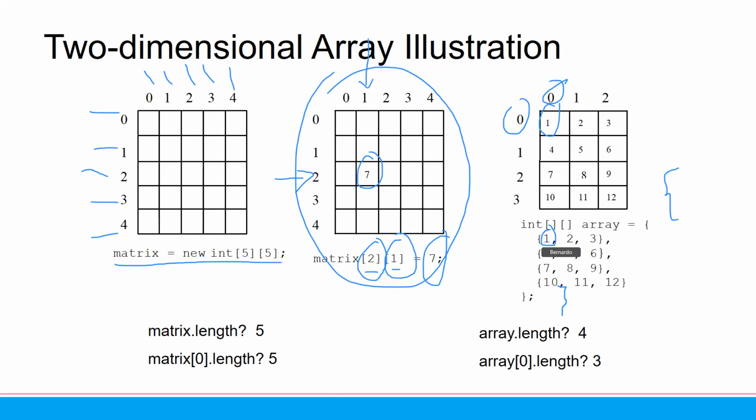So it means you will have the first curly bracket and you have the second curly bracket to indicate the first row, and then the second row, and then the third row, and then the fourth row. Okay, so the first row is 1 2 3, the second row is 4 5 6, the third row is 7 8 9, and then the fourth row is 10 11 12.